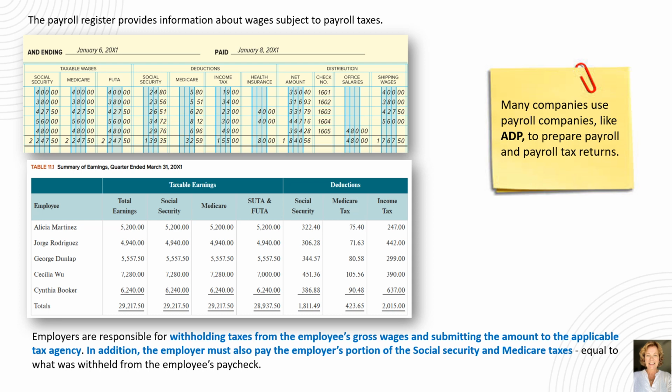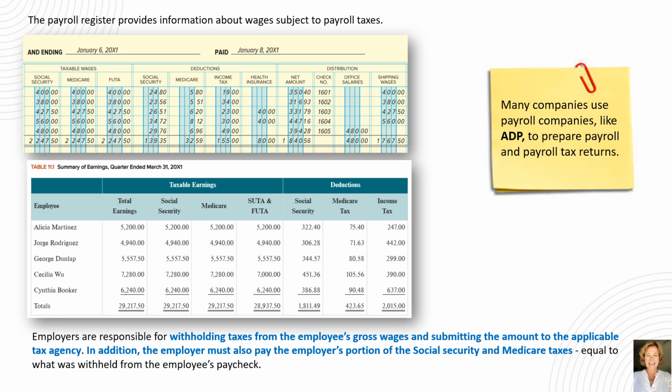The deductions section shows the total Social Security tax, Medicare tax, and income tax withheld from the employee's paychecks for the entire quarter. We'll review shortly how this information is transferred to Form 941, Employer's Quarterly Federal Tax Return. There are a lot of responsibilities related to managing payroll manually rather than outsourcing it to a payroll company.